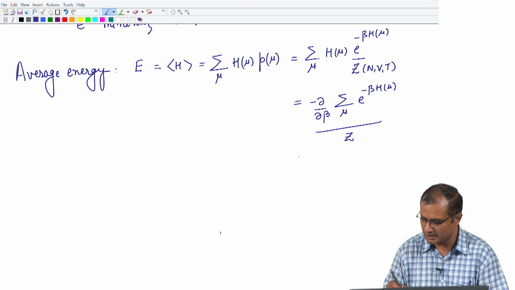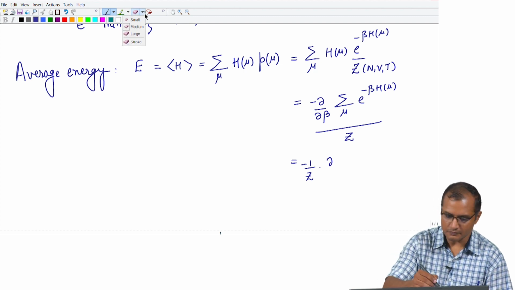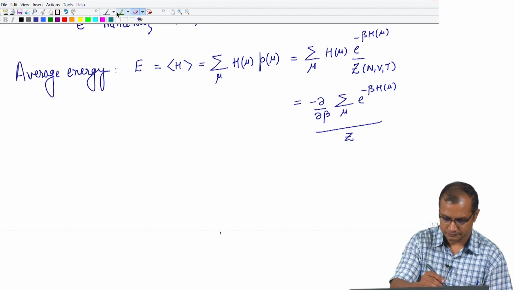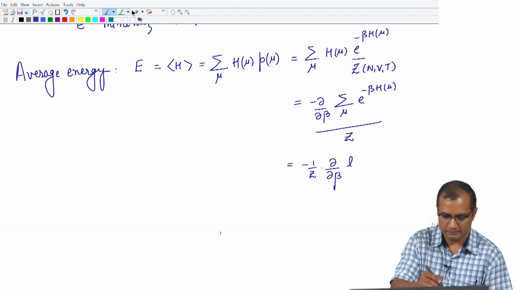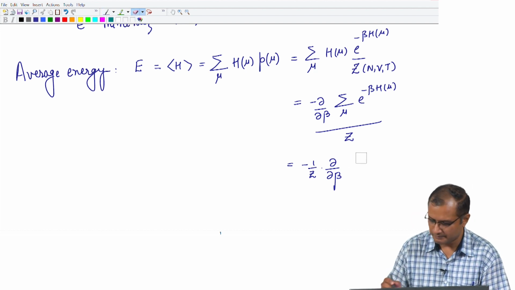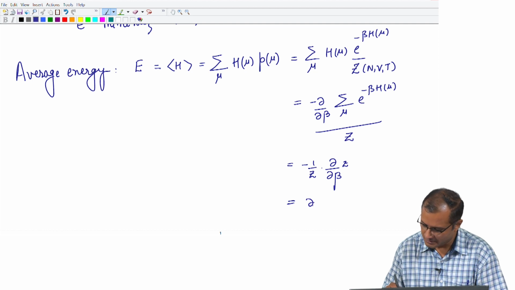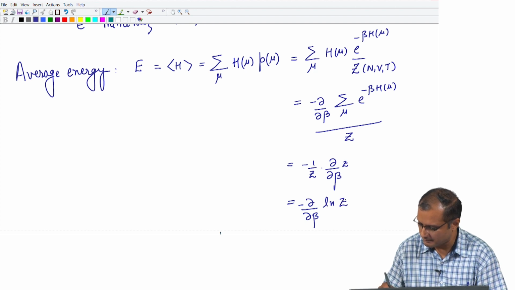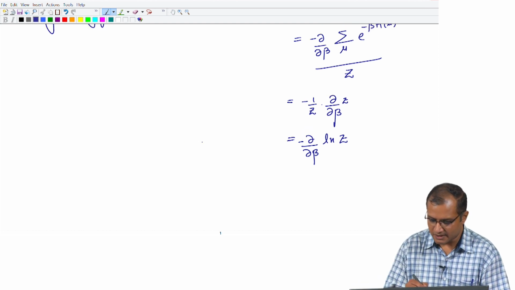And finally, this can be seen to be just minus 1 upon Z d over d beta Z, which is nothing but minus del over del beta of ln Z. Okay. And this is nothing but the average energy in the system.